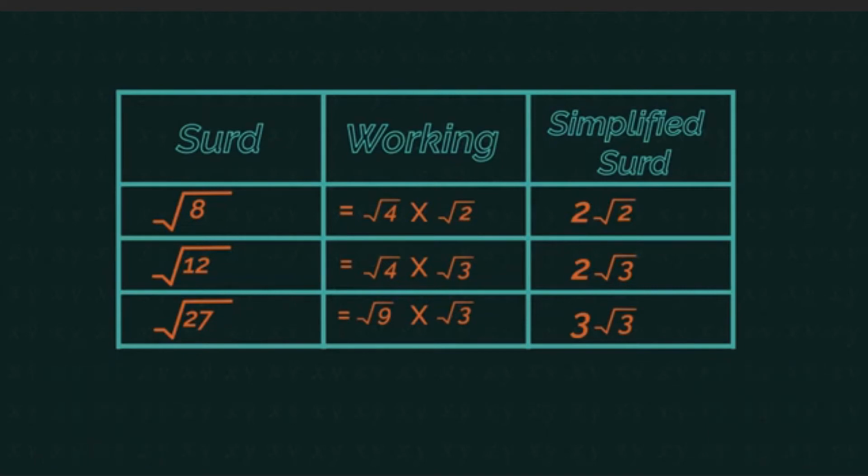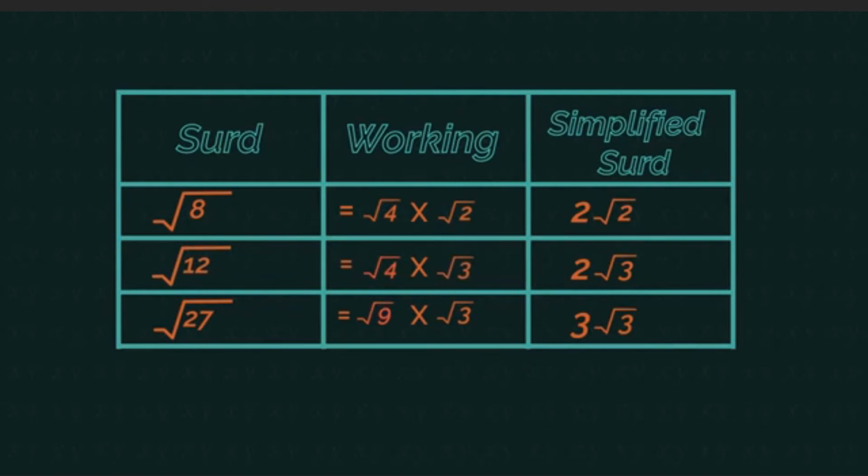Did you notice how, when doing the working, we look for a square number that goes into each surd, and then what it multiplies by? So root 4 is the square number, multiplied by 2 makes 8. Again, root 4 is the square number, multiplied by 3 makes 12.